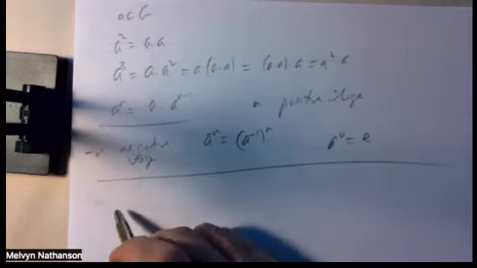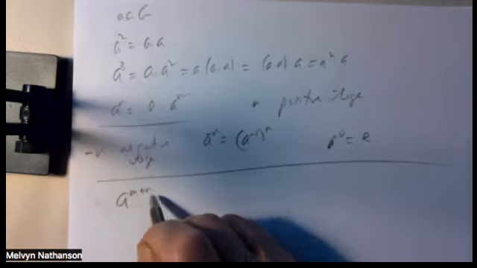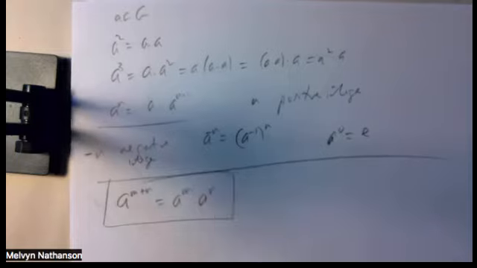And exponents work in a group just the way they do for ordinary numbers. A to the m plus n is A to the m times A to the n. And you can prove this by induction for all positive integers. Any questions about this?